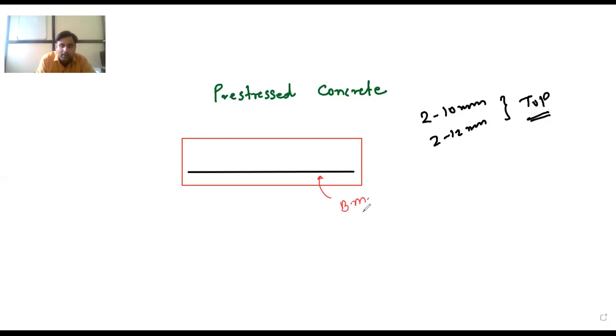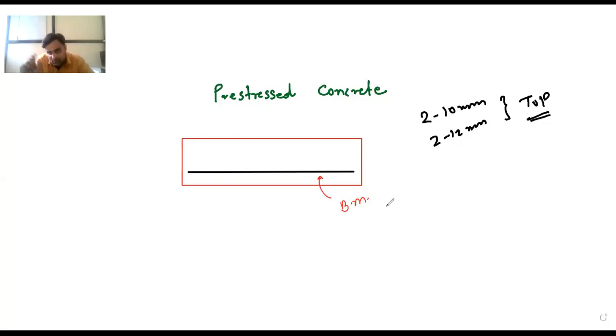We calculate the bending moment. It may be WL square by 8, or it may be by using any other formula depending upon the type of the beam and boundary conditions. After the calculation of bending moment, we use the formula of area of steel.